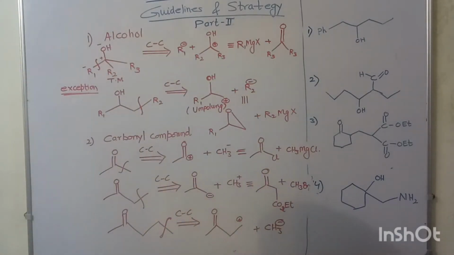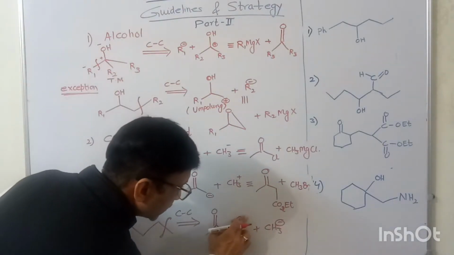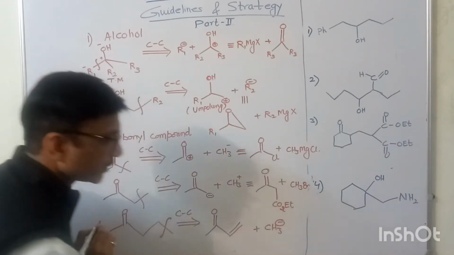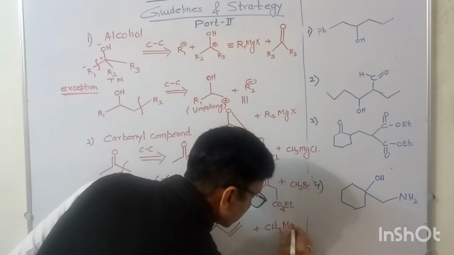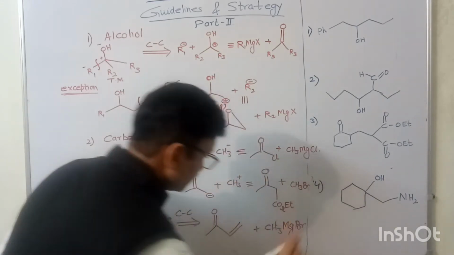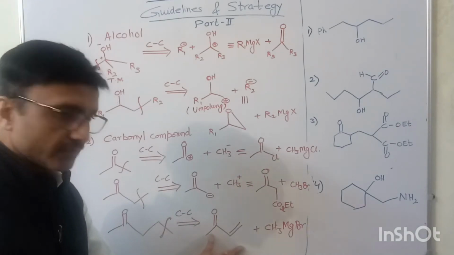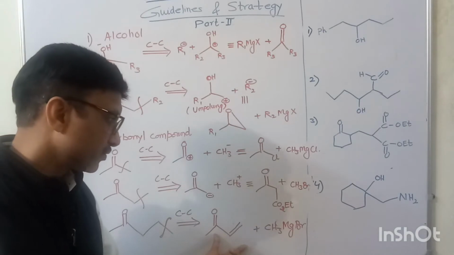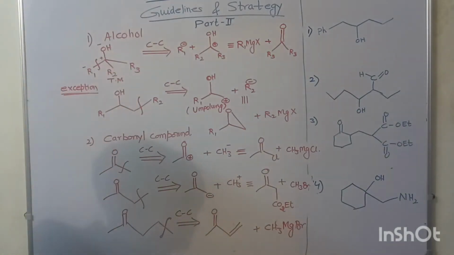And for this, what should be the synthetic equivalent? The synthetic equivalent will take a double bond. This acts as a Michael acceptor, and here 1,4 conjugate addition will occur. So in presence of these two you can get this target molecule easily.